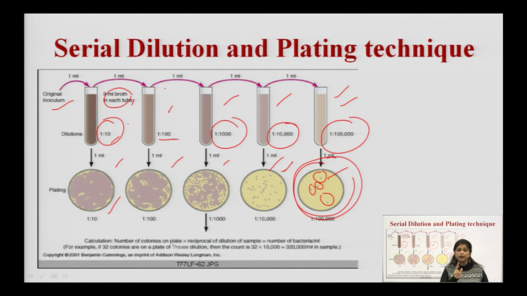The best counting plate, the plate which we need to focus on, must contain more than 9 and less than 100 colonies only, then we will go for that plate. So in this case we will take this plate in which colonies are visible, we can easily count the colonies and the number of colonies is less than 100 but more than 9. So this is the best plate which we will select for the counting.